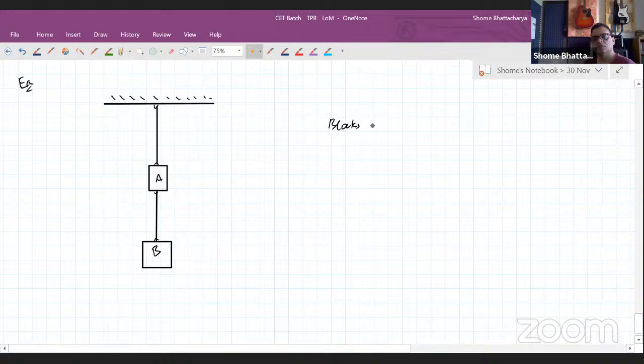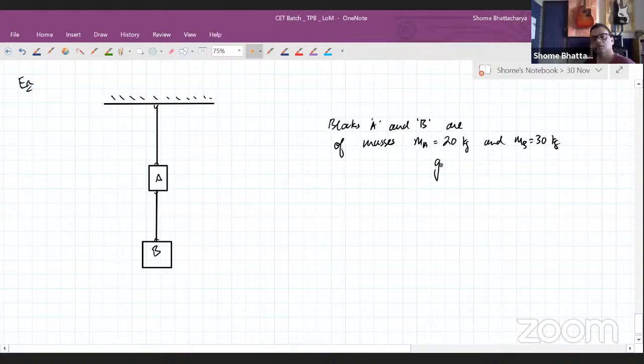So blocks A and B are of masses 20 kilograms and 30 kilograms. We take g as 10 meters per second square. Both the threads or the strings, whatever, are light, so their mass is negligible.